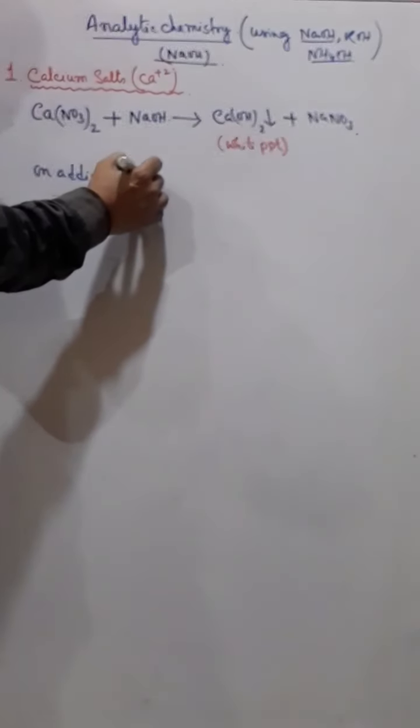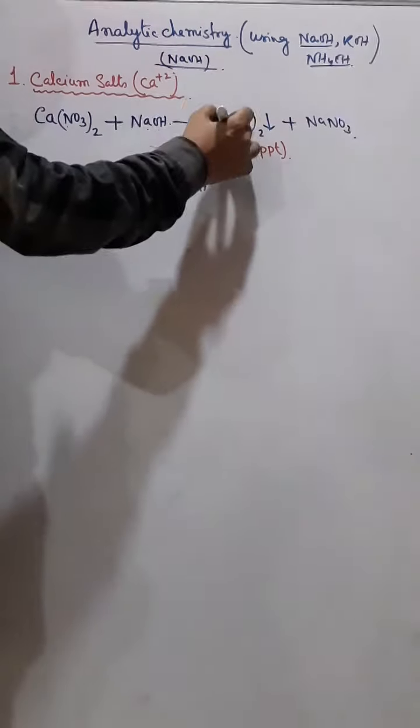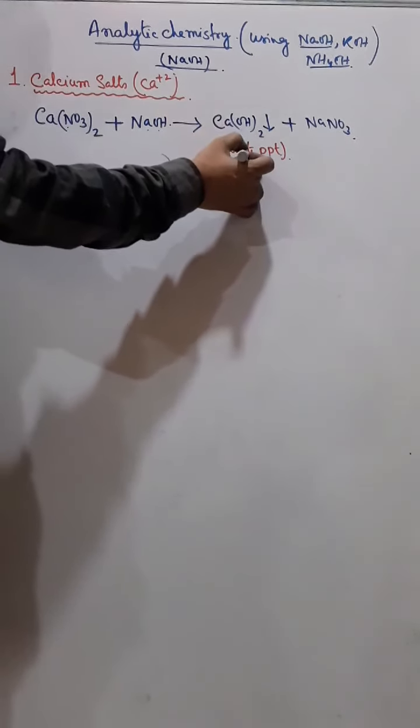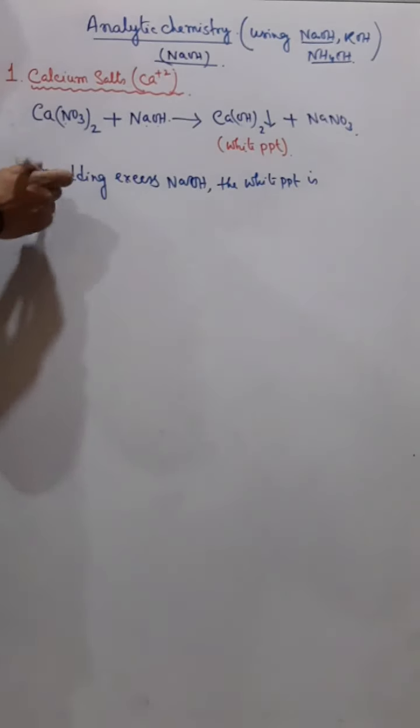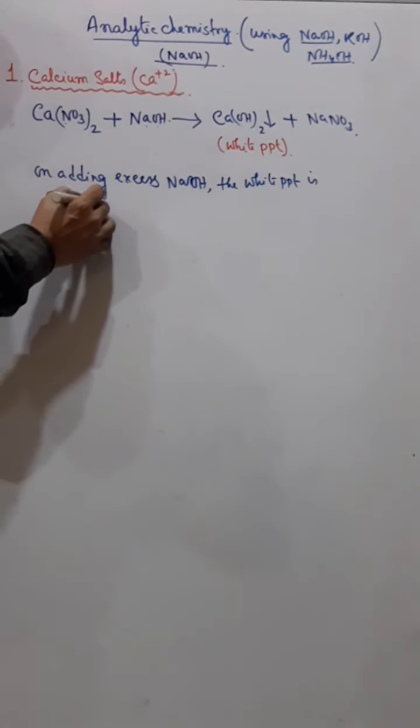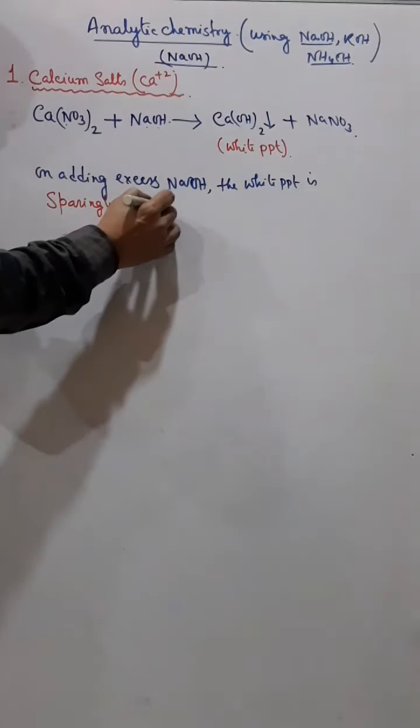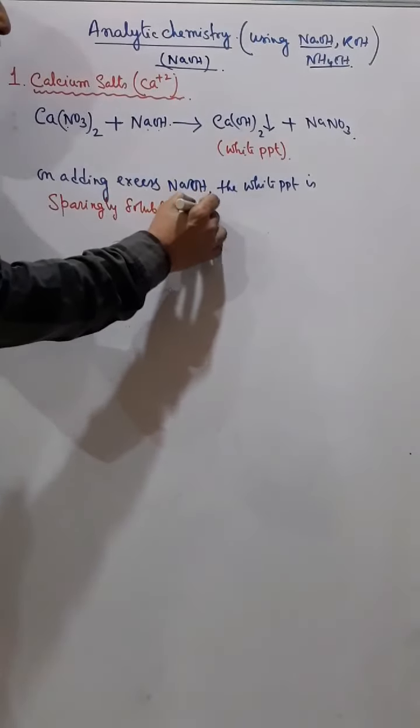And on adding excess NaOH, after the precipitate is formed, the white PPT is sparingly soluble, and hence forms a turbid solution.